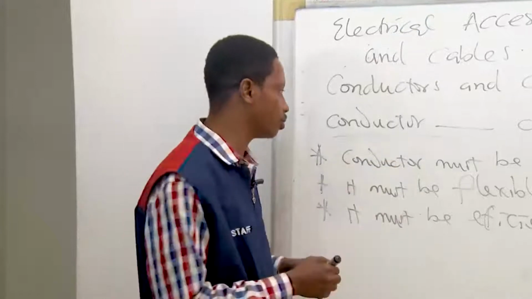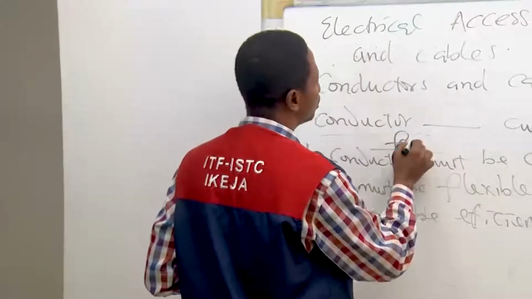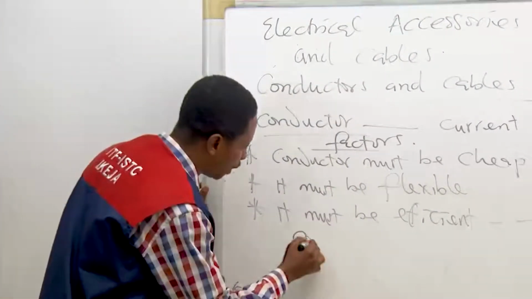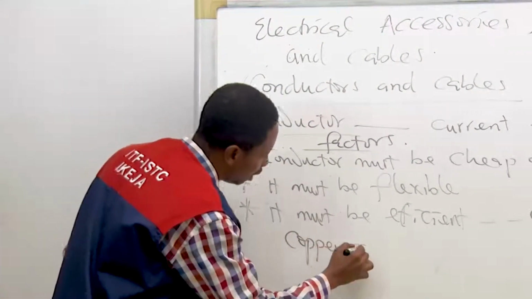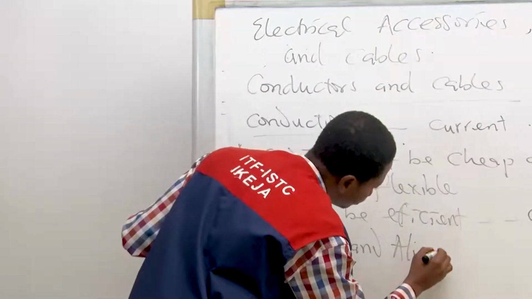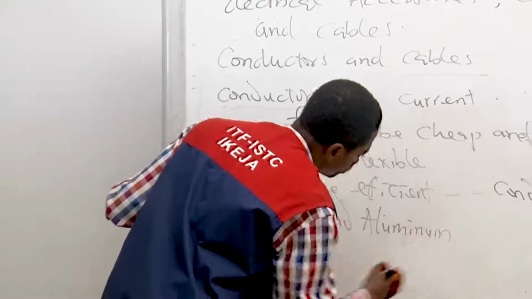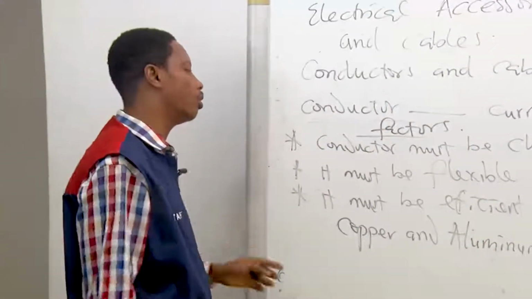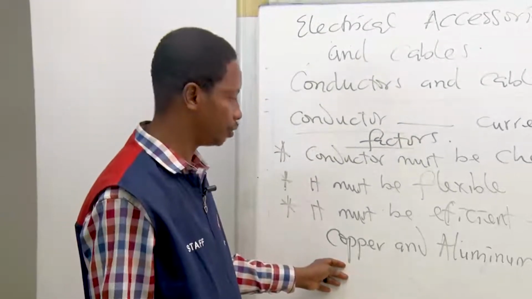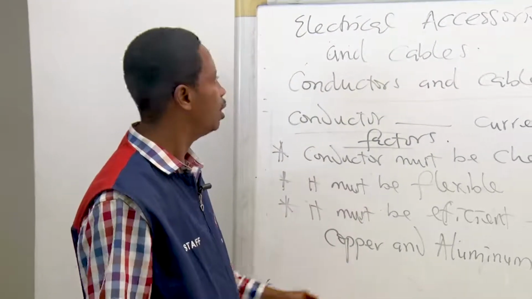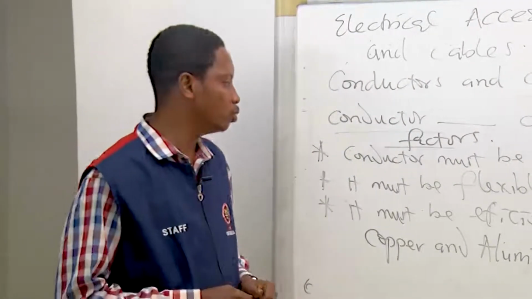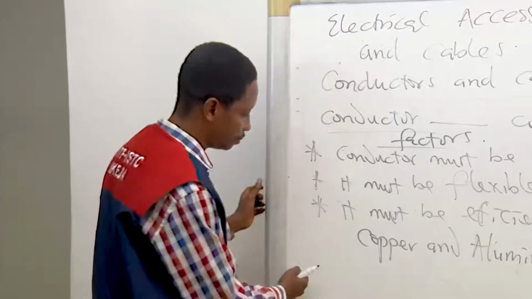And with these three factors, we discover that copper and aluminum are the two major conductors we use in electrical installation. Now, they come in two major designs.